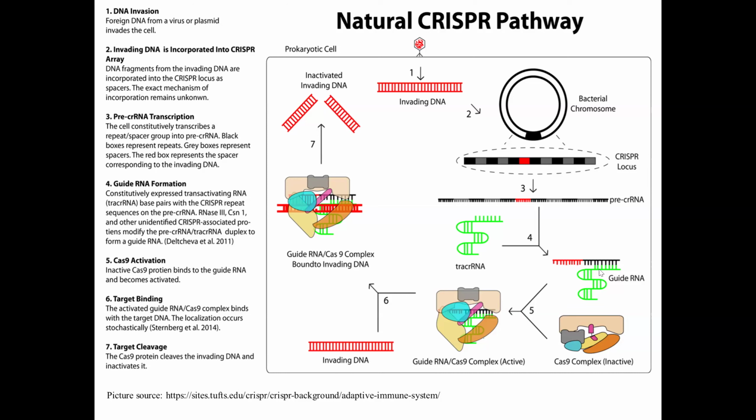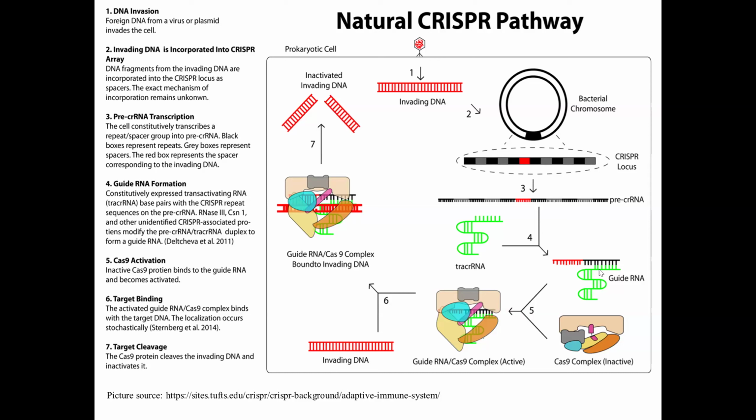You can put a mammalian promoter and express the Cas9 in a mammalian cell. Similarly, you can put a human U6 promoter and express the guide RNA also. So the tracer RNA can also be expressed in this way, from a sequence in a plasmid in the mammalian cells.